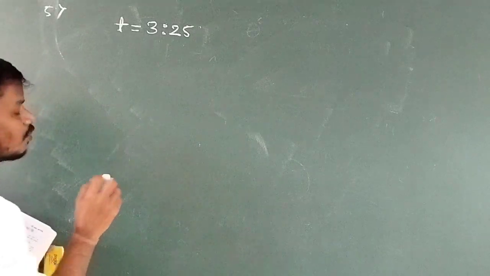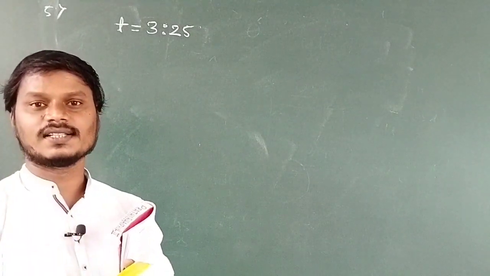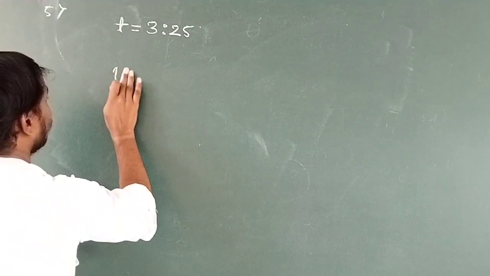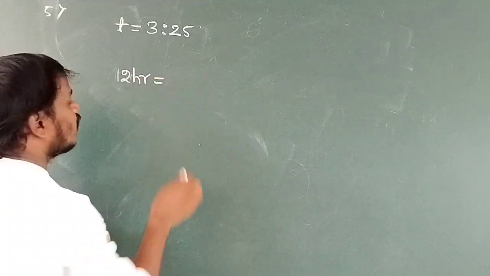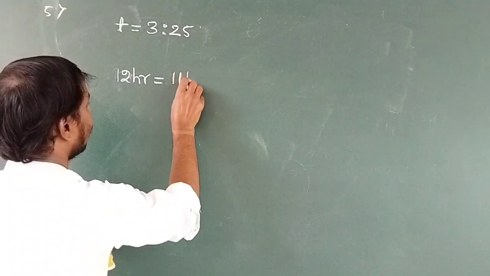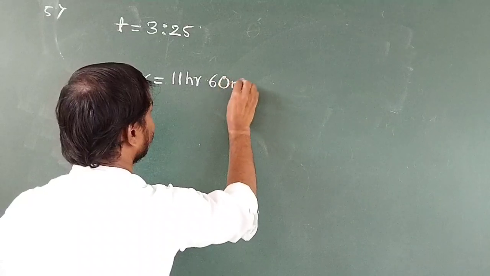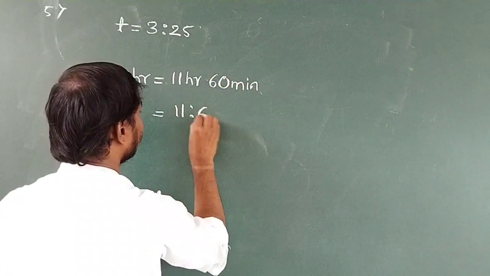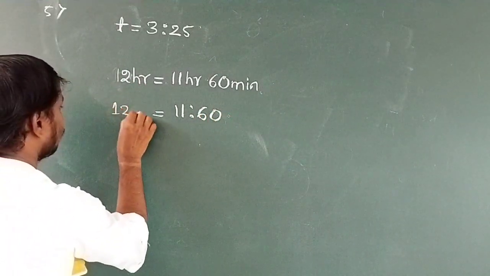Okay, so there is one trick. What is that trick? We can write 12 hours as 11 hours 60 minutes, because in a watch there is a 12 hour. So 12 hours as 11 hours 60 minutes, and this can be written as 11:60. Then it is 12 hour.